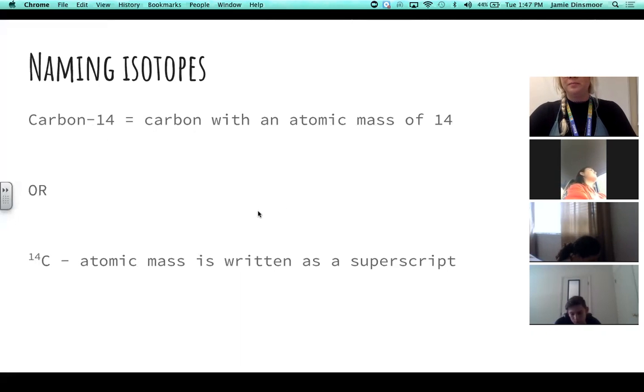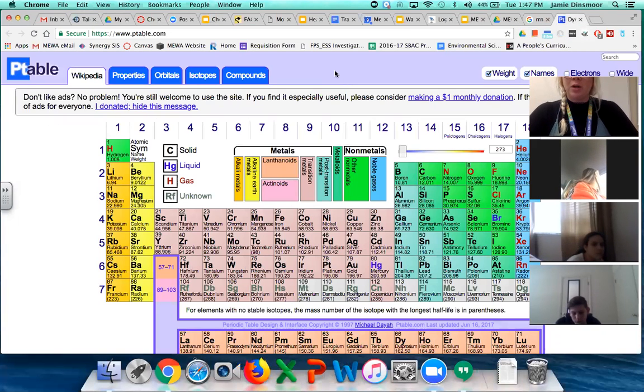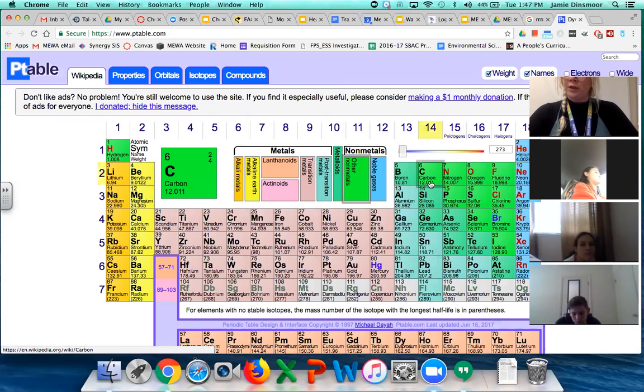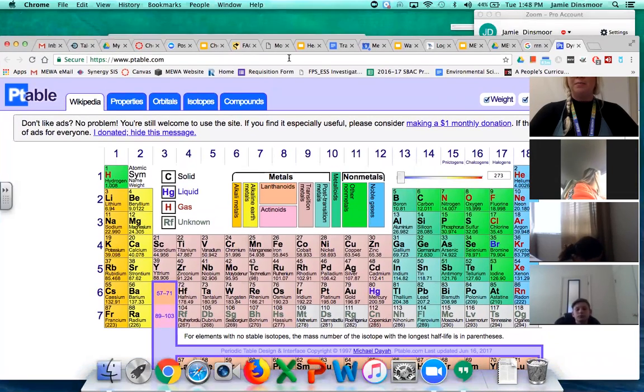So carbon normally has what atomic mass? Let's check it out on the periodic table. Carbon's atomic mass is usually 12, right? 12.011. Okay, so if we have something called carbon-14, what does that mean?